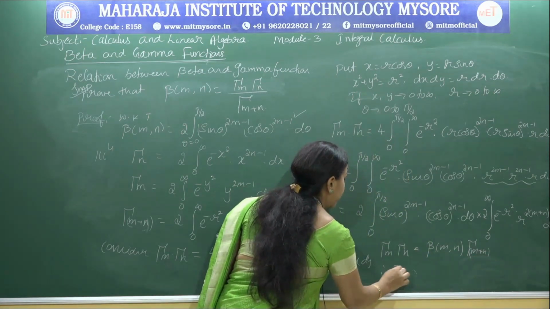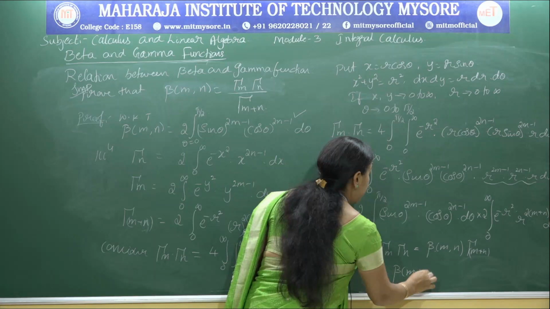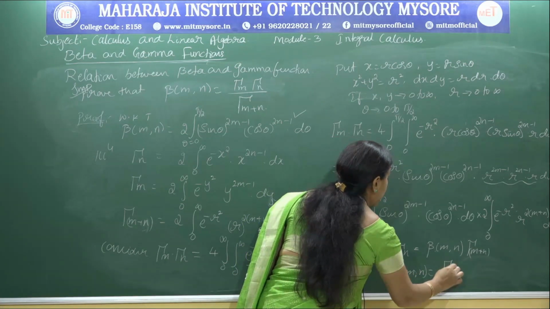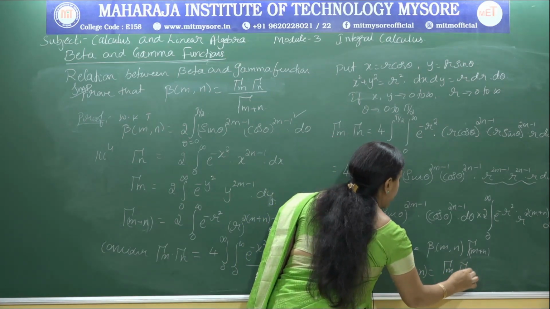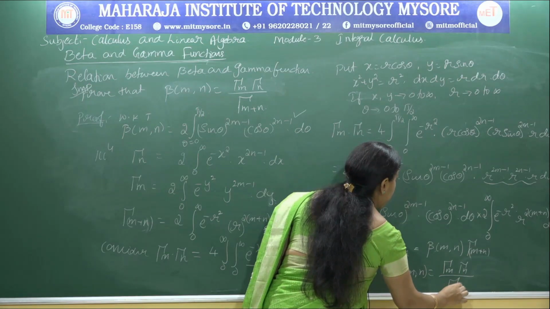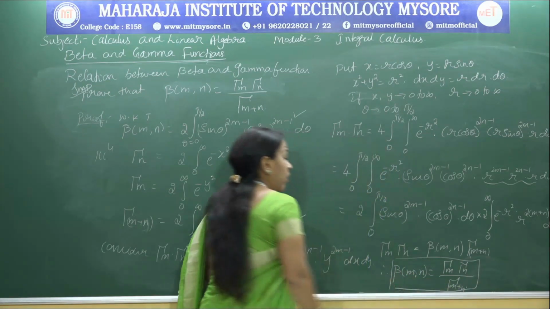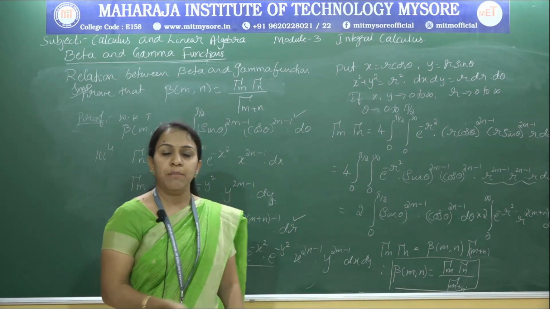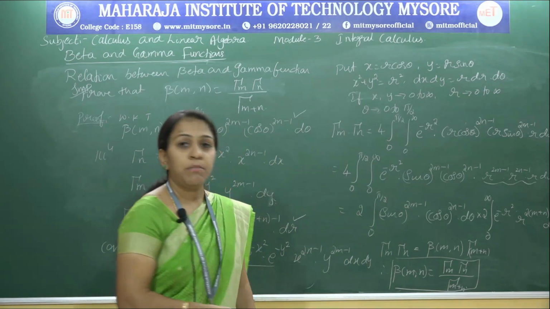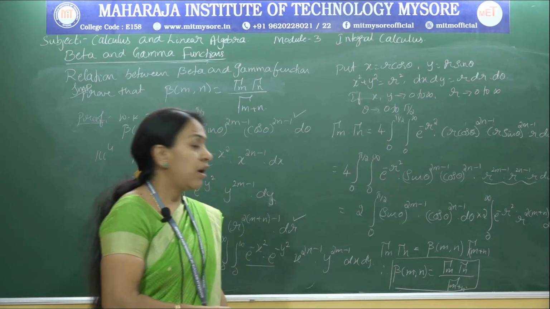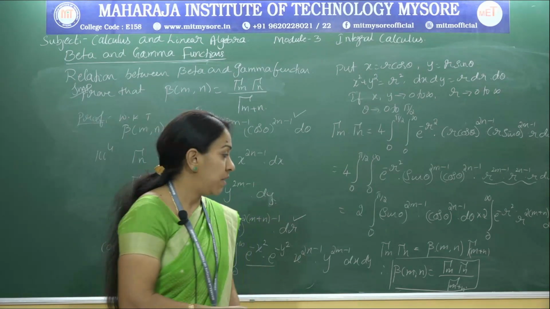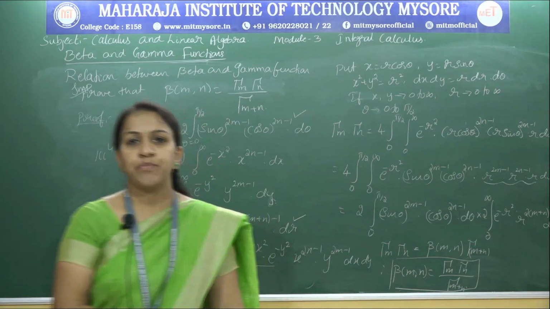So we have our required result, beta m comma n is nothing but gamma m into gamma n by gamma m plus n. So whenever we have beta m comma n, that can be replaced by gamma m into gamma n by gamma m plus n.